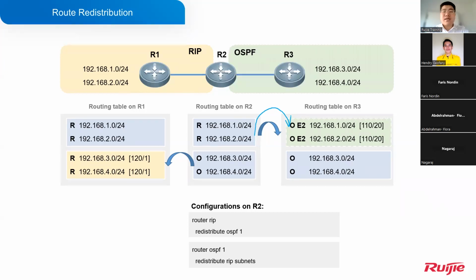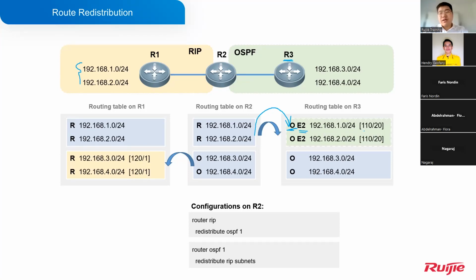But at the same time, you should know that even though R3 has learned the routes to 1.0 and 2.0, some route attributes have changed.